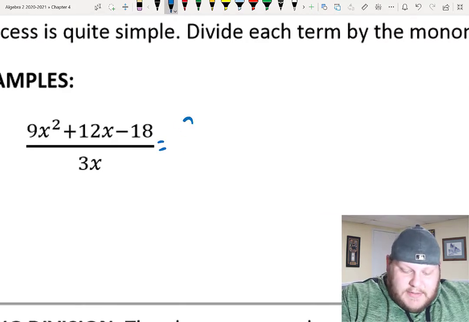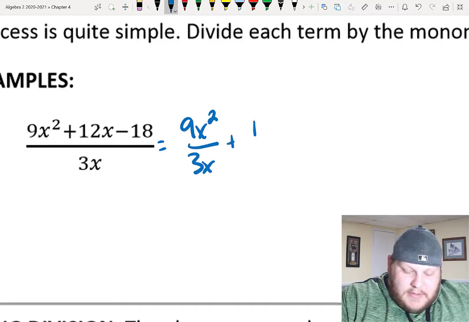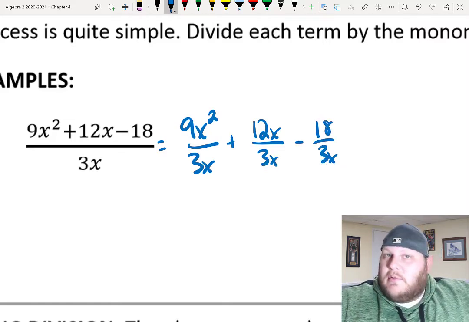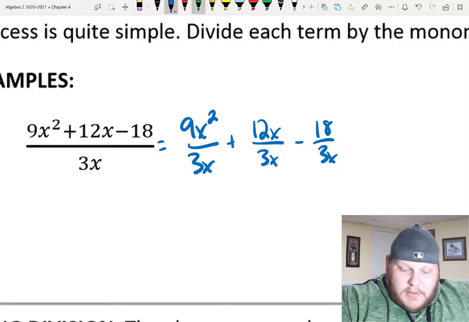So I can rewrite this as 9x squared over 3x plus 12x over 3x minus 18 over 3x, and then just reduce within each of those individual parts.